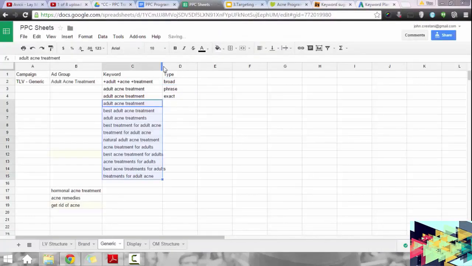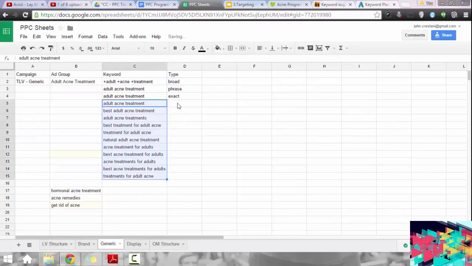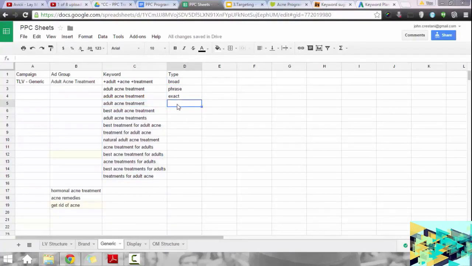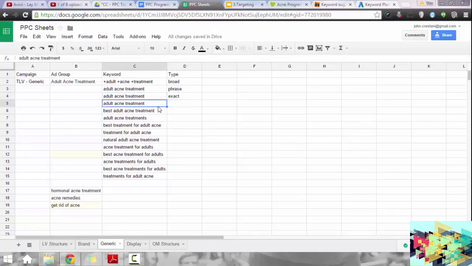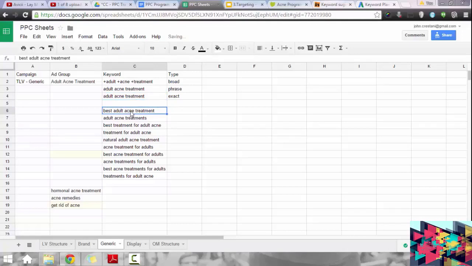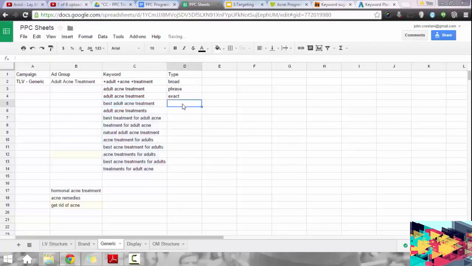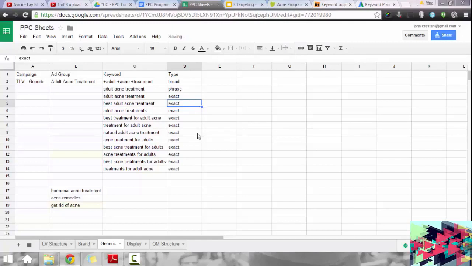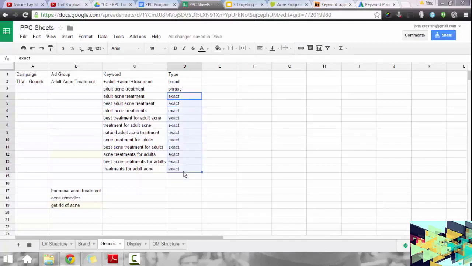Google's going to give you preference in their search because you're showing them, hey, I'm going after this specific term, best acne treatments for adults. It also allows you to get more targeted in your ad copy by using dynamic keyword insertion, which I'll show later. But what I'm doing is I'm just copying all this down.